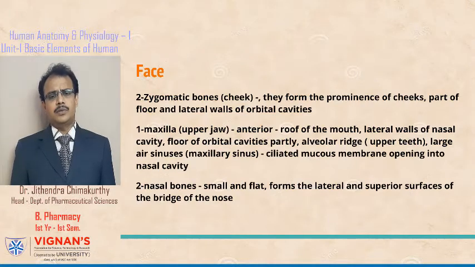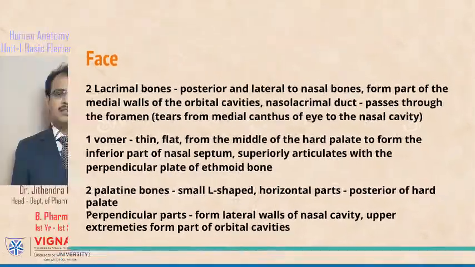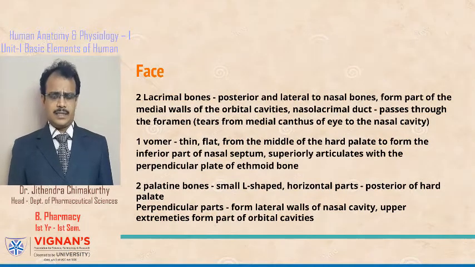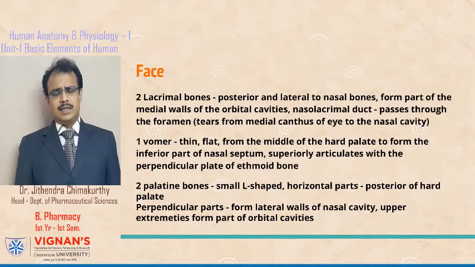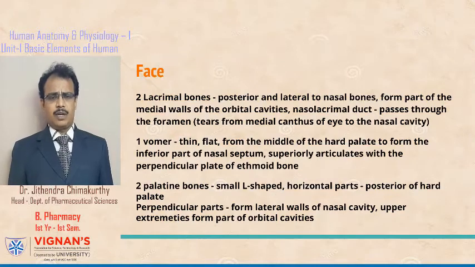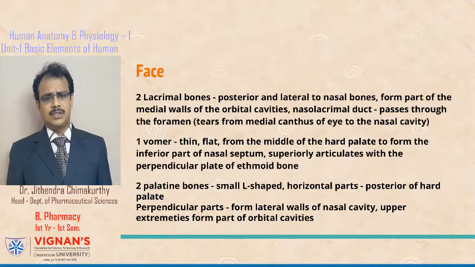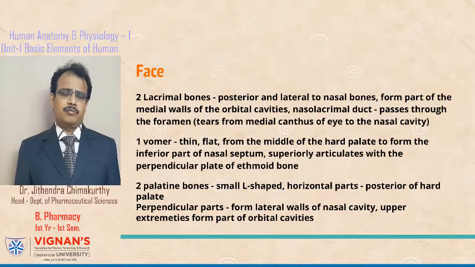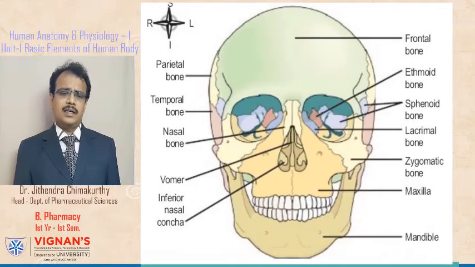There are two lacrimal bones which are posterior and lateral to the nasal bones, and these lacrimal bones have a foramina which allows the passage of nasolacrimal duct, through which the tears from the medial canthus of eye are carried to the nasal cavity.